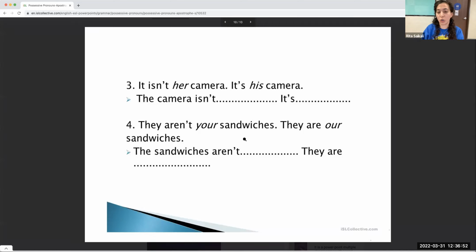So they aren't your sandwiches. Your sandwiches is our possessive adjective plus the noun, right? So if we were to replace it, we have to replace it with a pronoun, and that pronoun would be yours. Okay, so the equivalent of your is yours. They are our sandwiches, which means they are ours, as you said earlier.